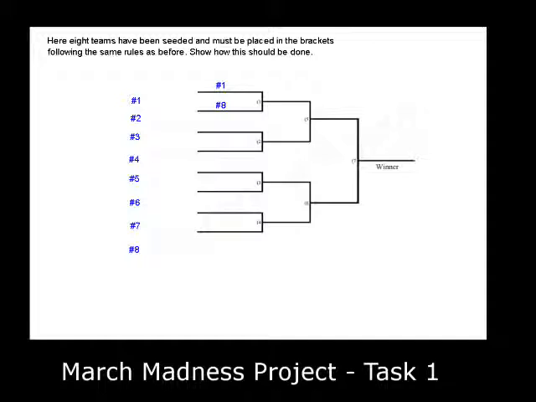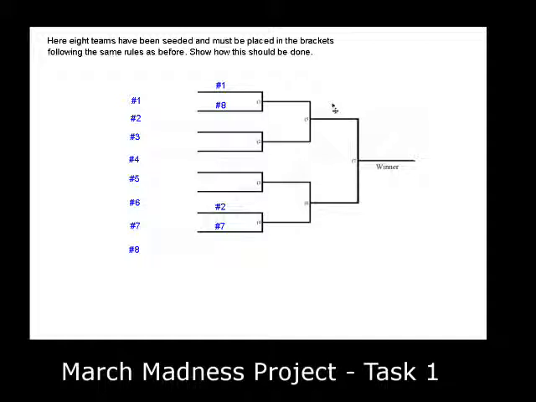Well, if 1 is not supposed to meet 2 until the championship, then maybe I should take that 2-7 pairing and put it down on the opposite side of the bracket here, so that these guys, the 1 and the 2, couldn't meet up until the championship round. Okay, then I have to ask myself the question, after the first round of the tournament, what's the worst team that's still going to be left?